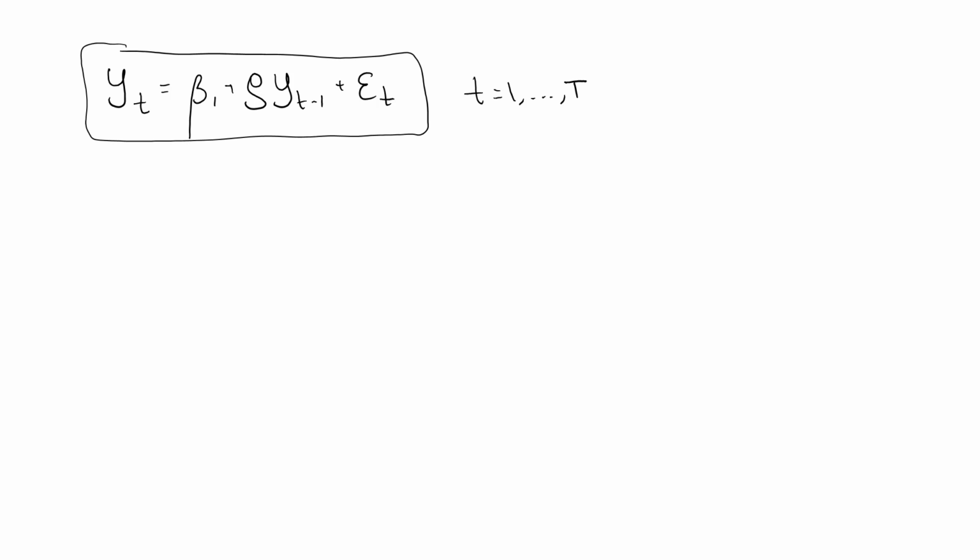If we look at y1, how is the first value of y determined? Well, that's equal to beta 1 plus rho times y, and 1 minus 1 is 0, so y0, plus epsilon 1. So this is slightly problematic because no matter what we do, in order to determine y at time point t, I need to know y in the previous period.